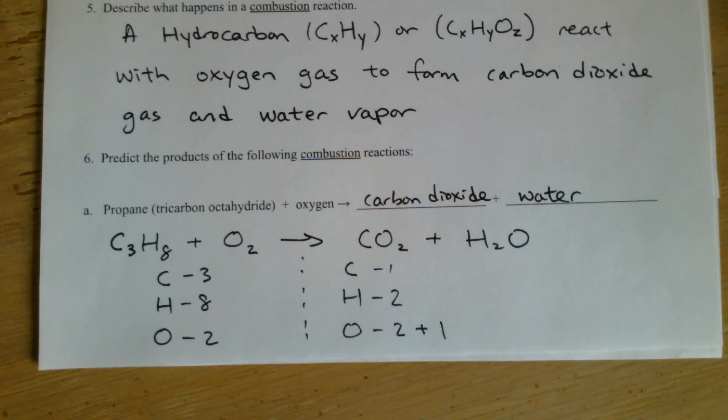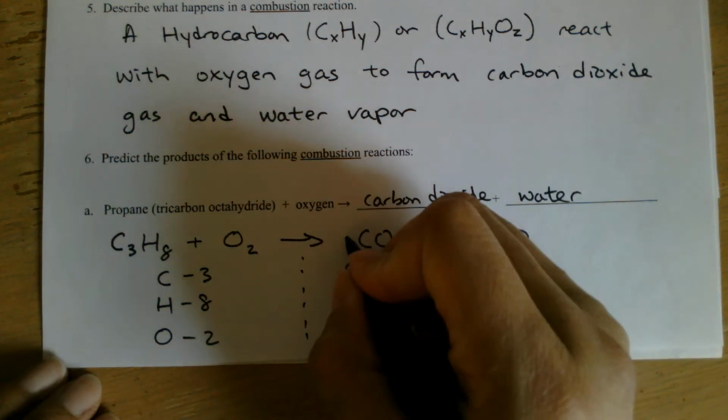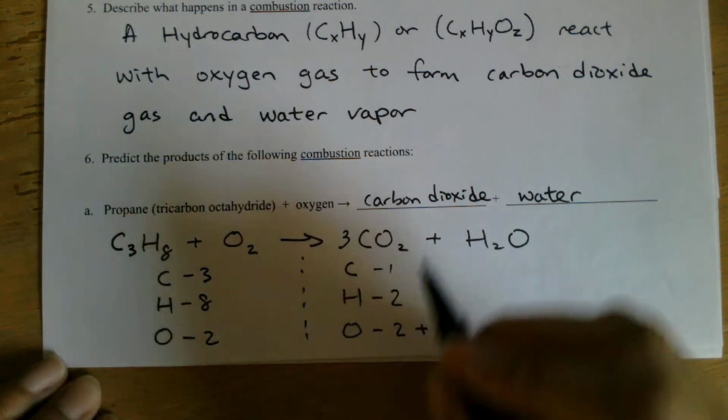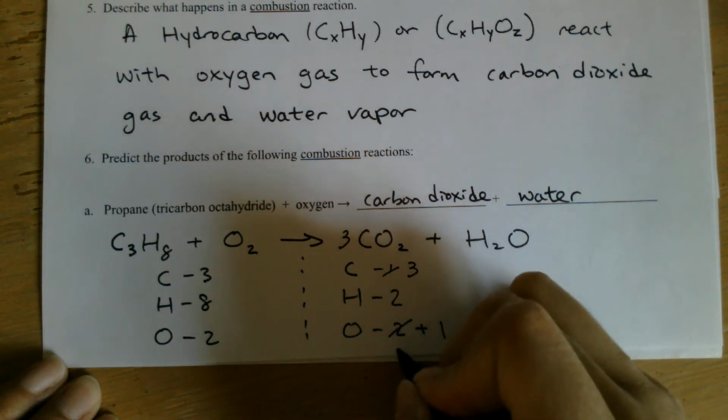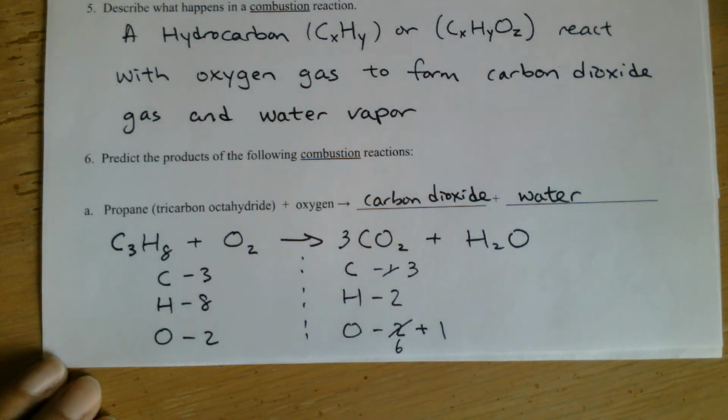So balancing our carbon first, we have 3 carbons on the left and 1 carbon on the right. So we need to multiply our carbon dioxide on the right by 3. And that will give us 3 carbons and 6 plus 1 oxygens.